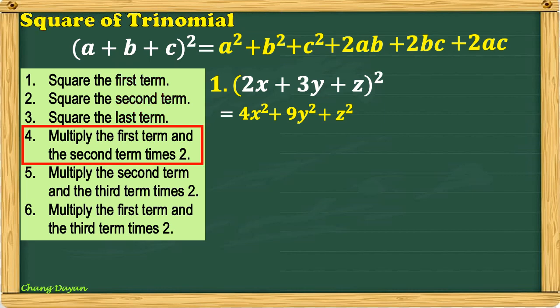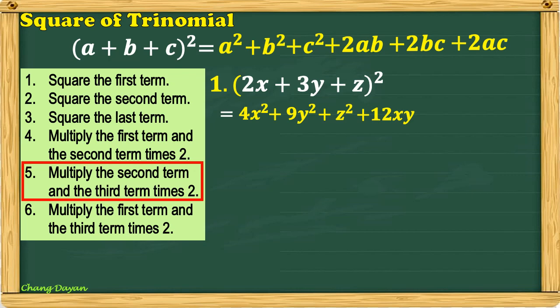Next, multiply the first term by the second term times 2. So 2x times 3y times 2. That is 12xy.